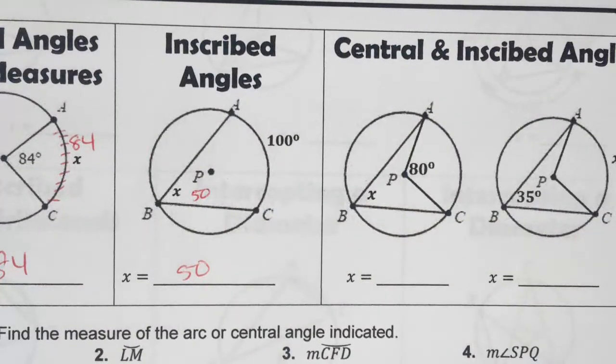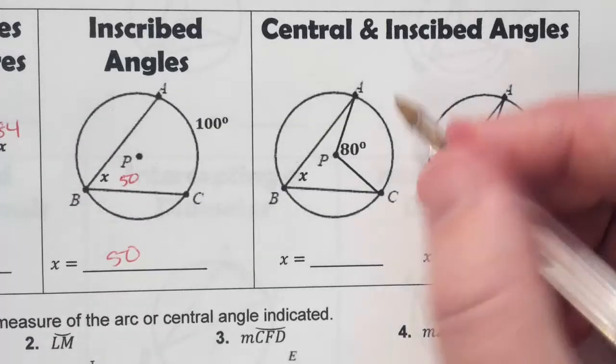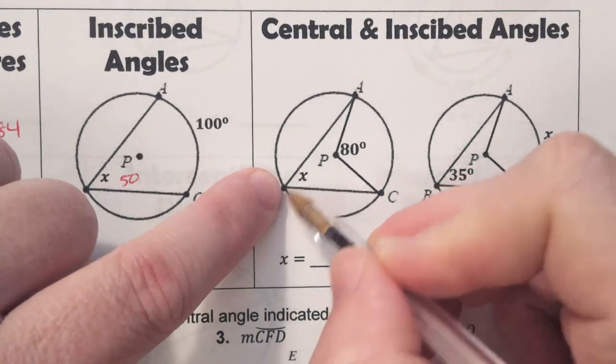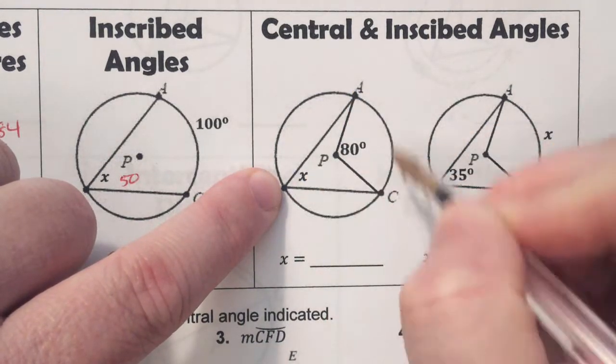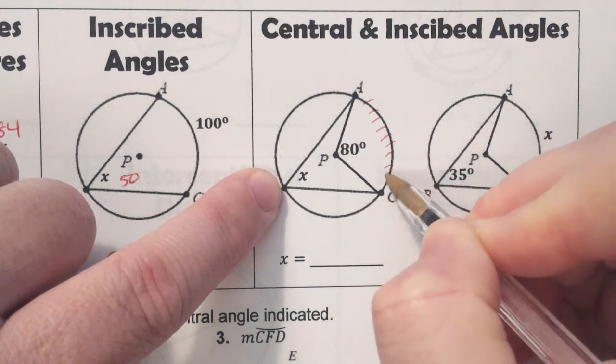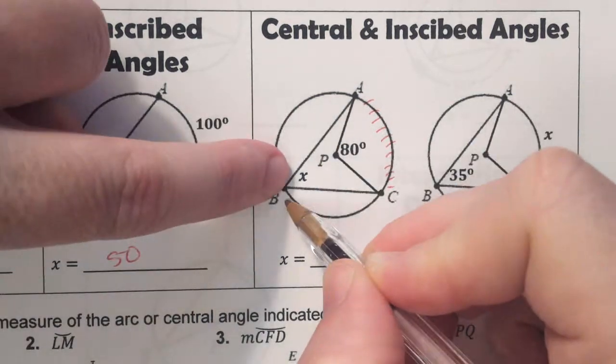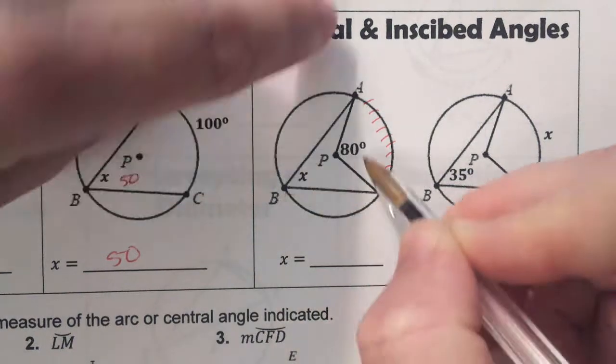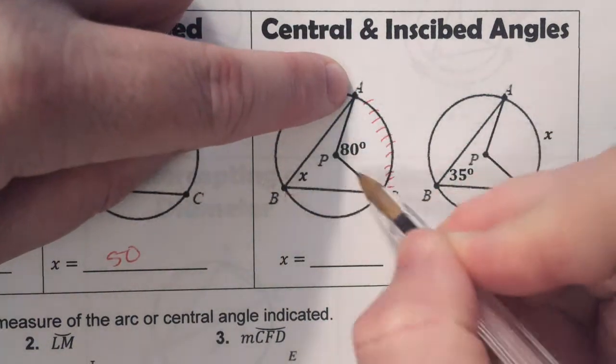Now what if we had central and inscribed in the same set? I'm looking for x. In order to know x, I need to know what this angle is, because once I know the movie screen, I can travel backwards. The center angle is 80.